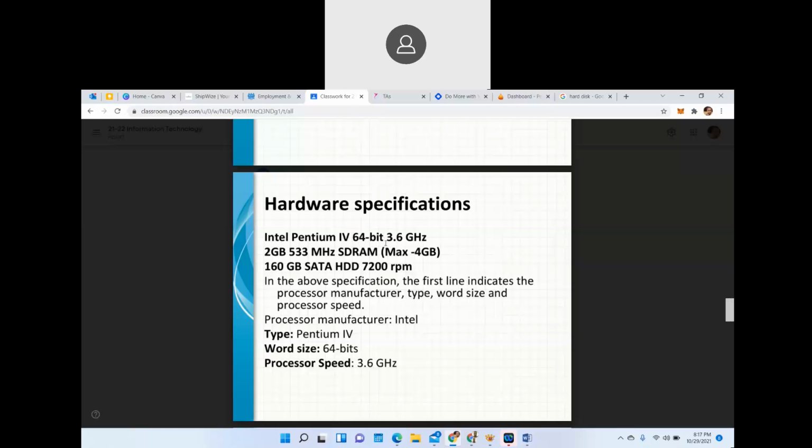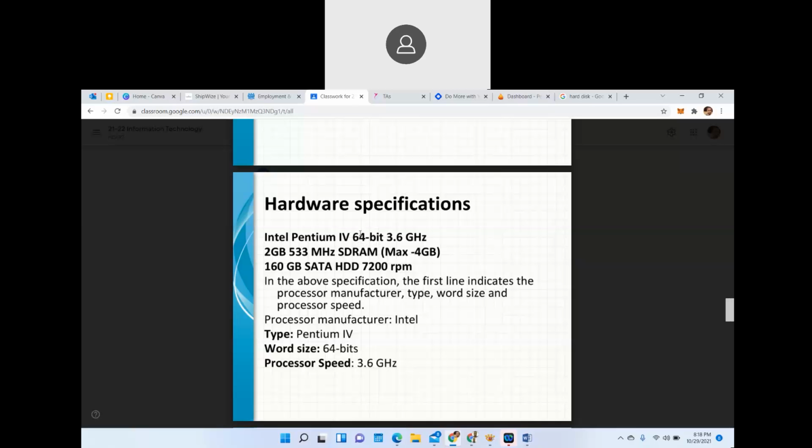The only important thing about 64-bit is if you have an old computer. The older computers use 32-bit processors. That means it can only process 4 bytes at one time. 64-bit means it processes 8 bytes at one time, because 64 divided by 8 is 8, because 8 bits make 1 byte.